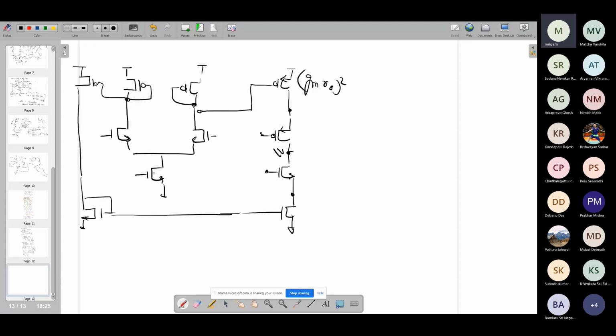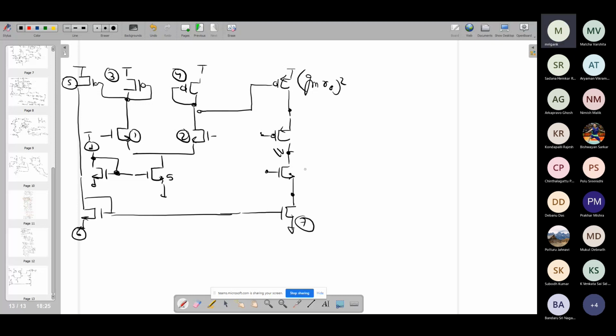Suppose you are using a simple current mirror over here to establish the DC bias point for the M5. Let us call it M1, M2, M3, M4, and then M5, M6.